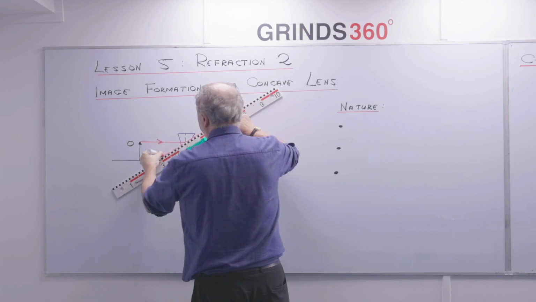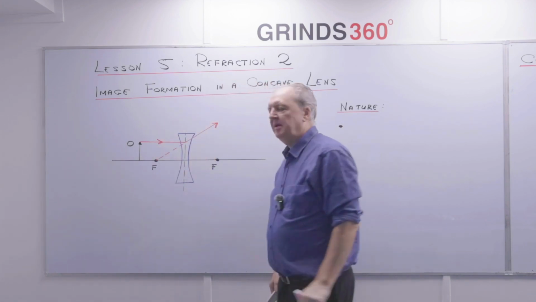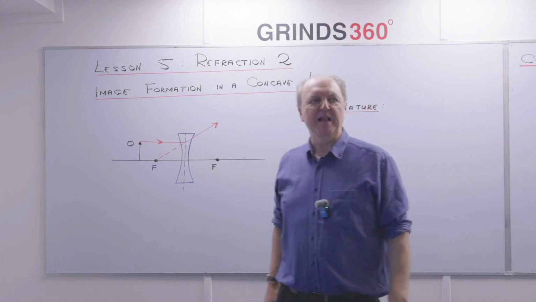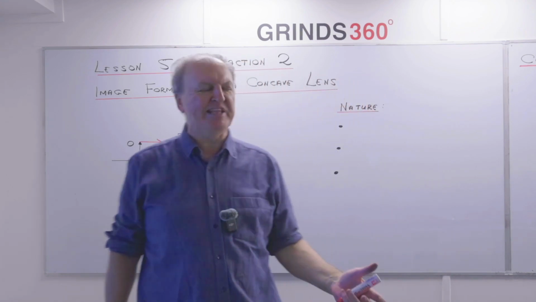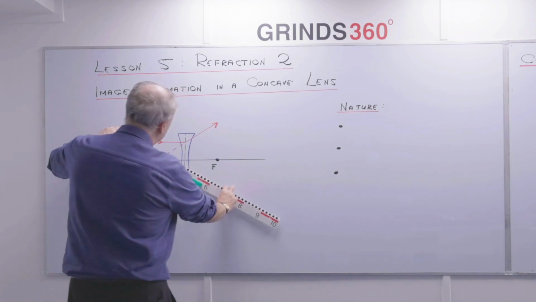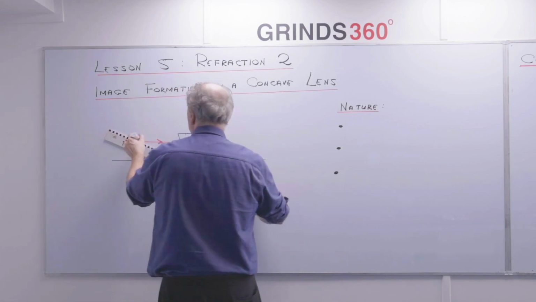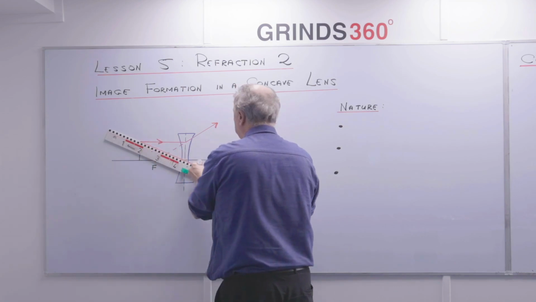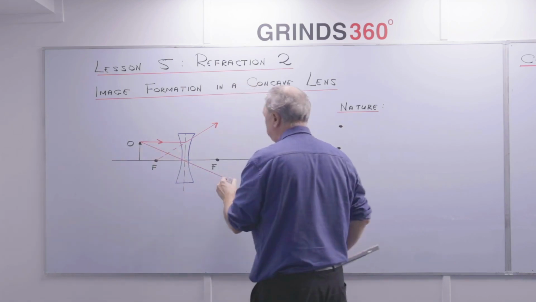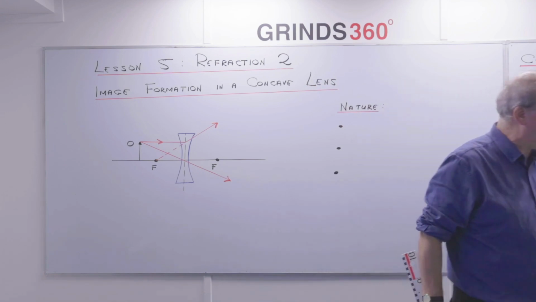I work that ray of light back. Second ray of light, well, I go for the easy one. The easy one is from the tip of the arrow through the center, will pass through, undeviated. You have a look at those 2 rays of light there.